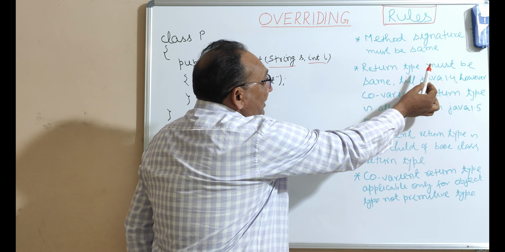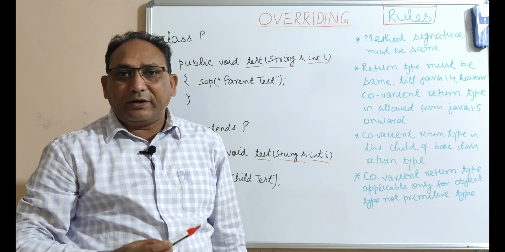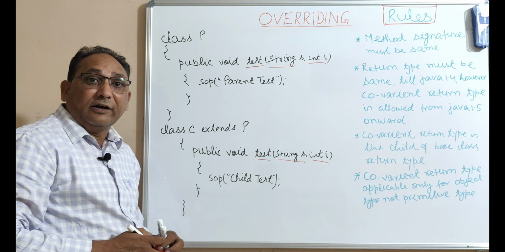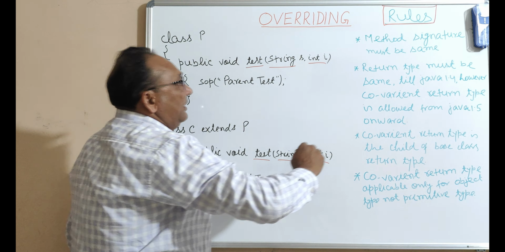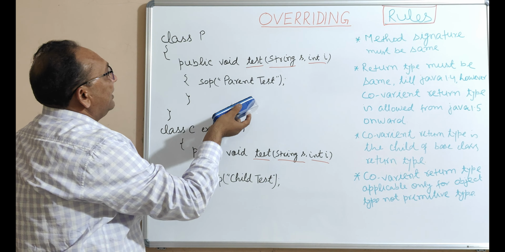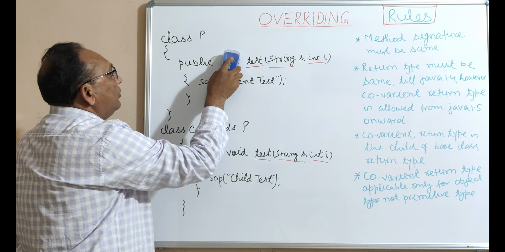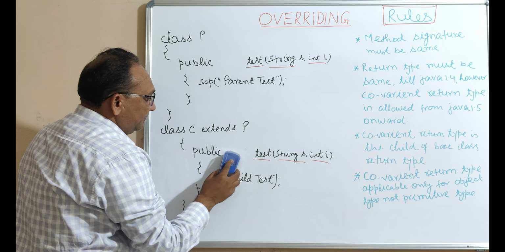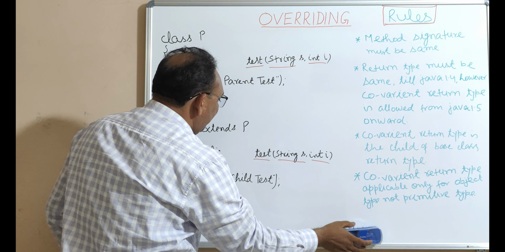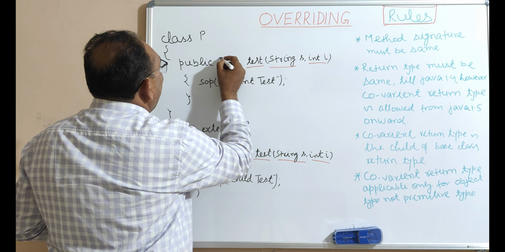Second thing, return type must be the same till Java 1.4. So till Java 1.4 the method return type will be the same. I am going to change these methods a little bit, only these methods, right? So here I am going to put the return type. Let's say here I am taking the return type of object.